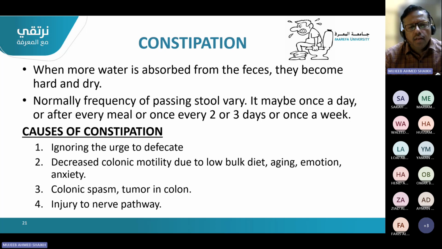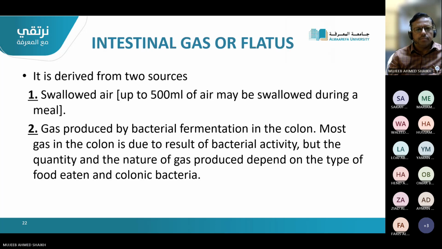There may also be injury to the nerve pathway carrying the signal from the rectum towards the sacral spinal cord. So spinal cord injury or injury to the nerves can lead to constipation.